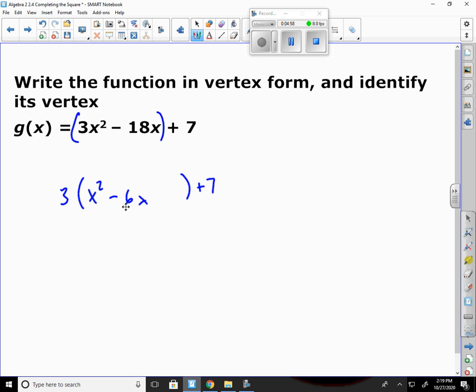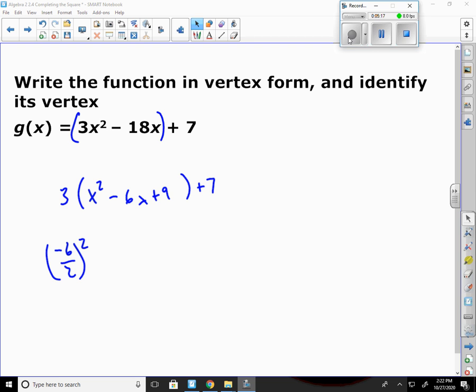Now whenever we do this, let's go ahead and take this b and divide it by 2. Square it. Negative 6 divided by 2 is negative 3. Squared is positive 9. Add 9 inside. What do I need to subtract outside? If we're going off the last problem, we would think we would subtract a 9 out here, right?